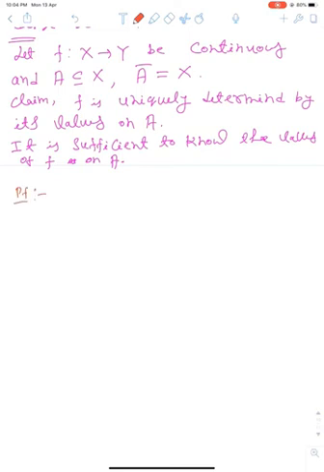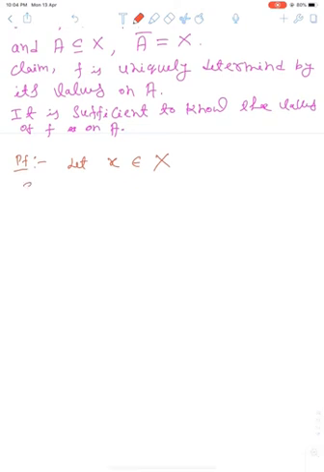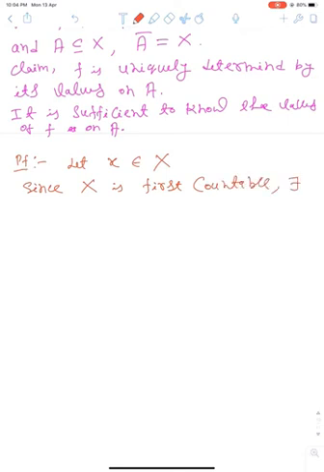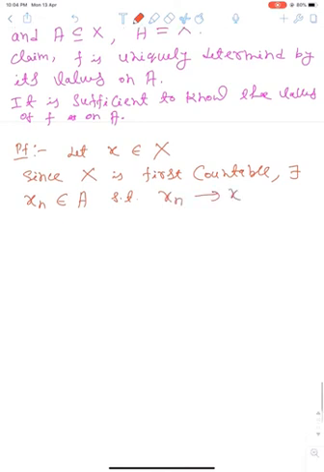First of all, let x be an arbitrary point in X. Since X is first countable, there exists a sequence xn in A such that xn converges to x, right?